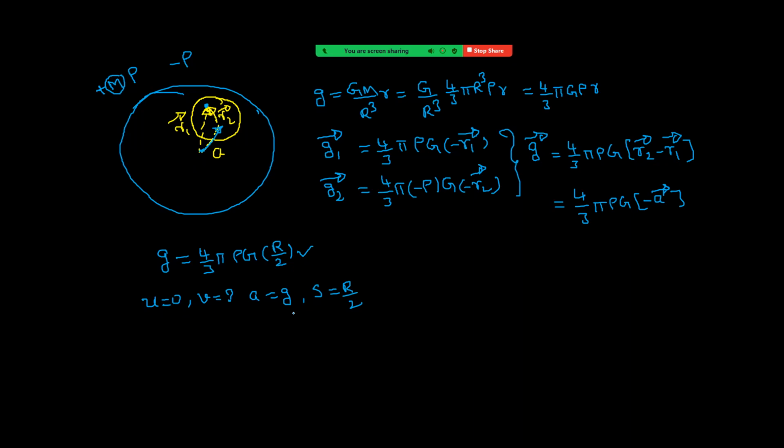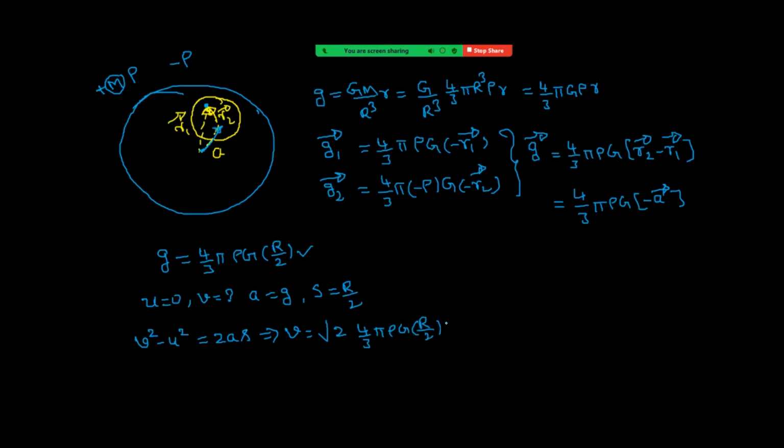So V square minus U square equal to 2aS, right? So v equals root of 2, a value 4 by 3 pi rho g into R by 2.